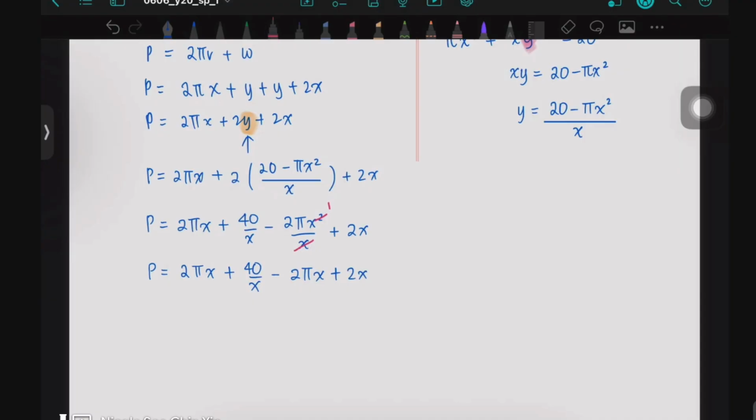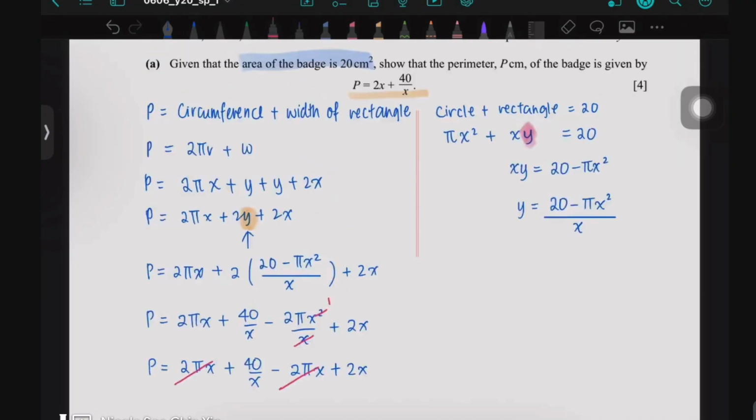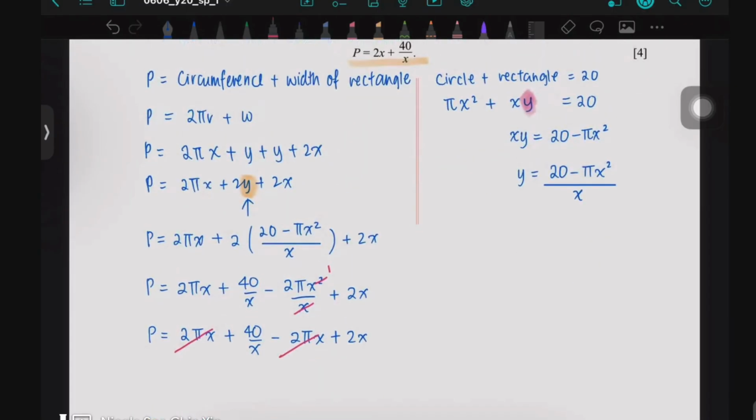So my 2 pi x will be automatically cancelled. I will get P equals 2x plus 40 over x. This is how you do part A.